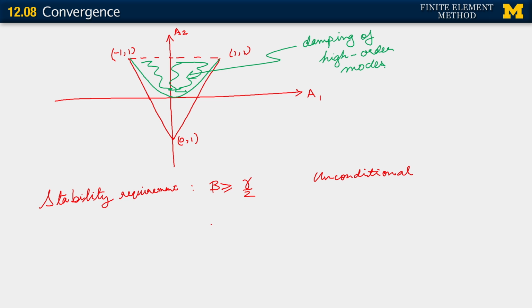It turns out, however, that we need beta to be not only greater than gamma over 2, but this requirement of damping out of higher order modes requires that beta should be greater than or equal to gamma plus half the whole square to damp out higher order modes.